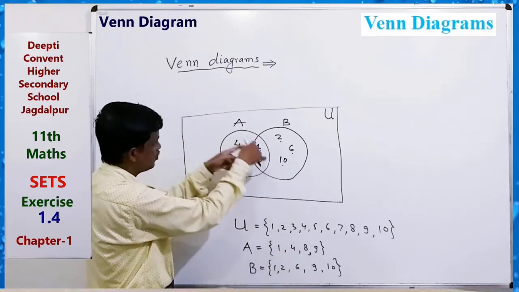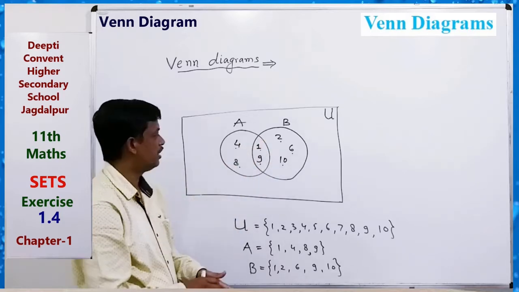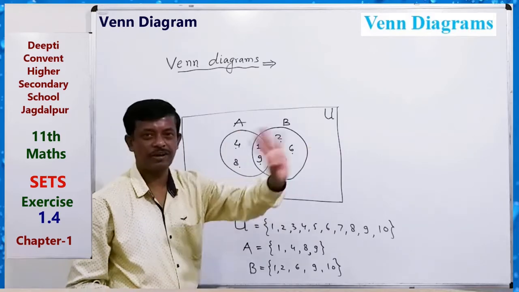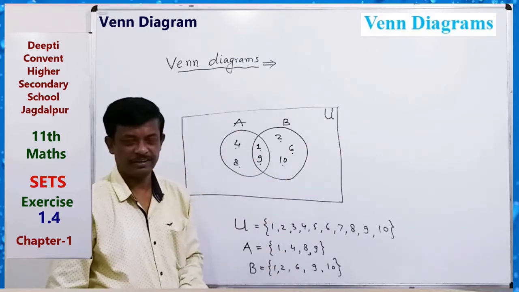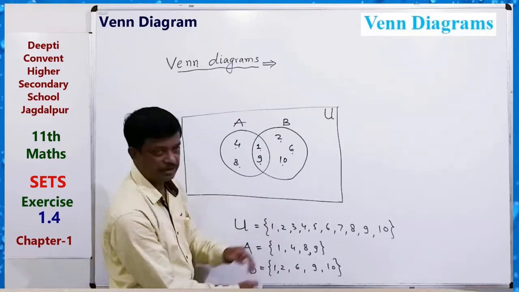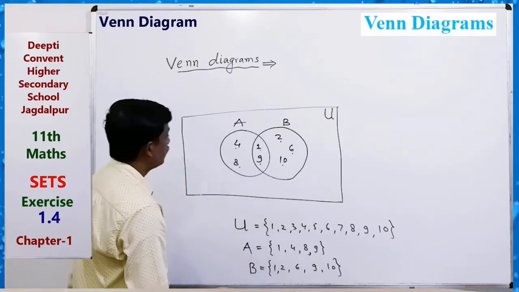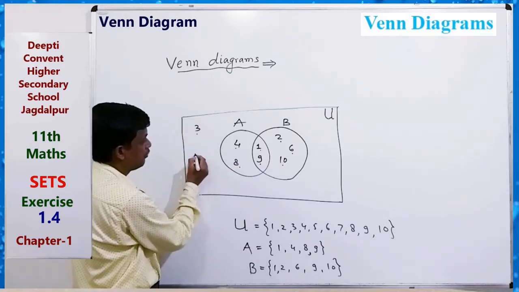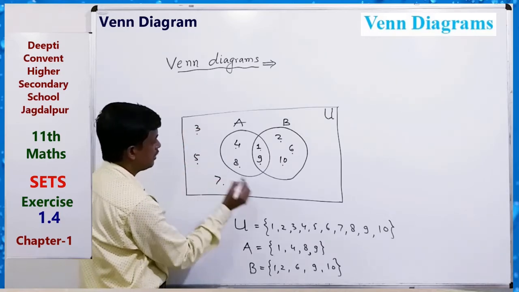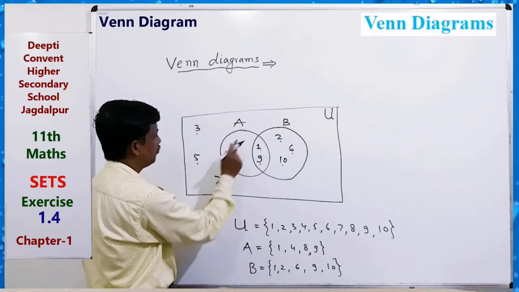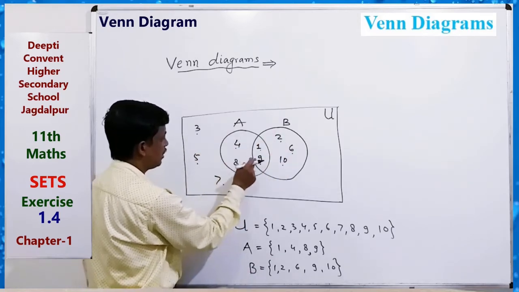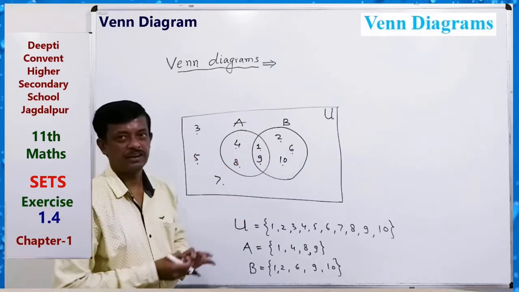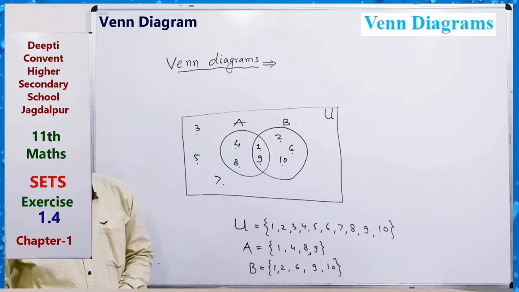In this circle also 1, 9, in this circle also 1, 9. They are joined, connected. Here A intersection B is not phi, A intersection B is 1, 9, because they have common elements. So the remaining elements are 3, 5, 7. All together 1 to 10, 10 elements are there.